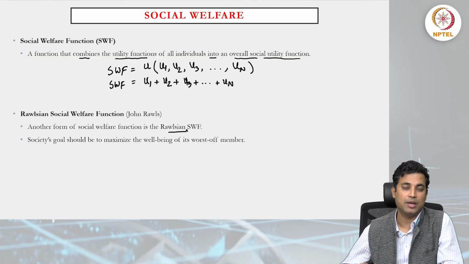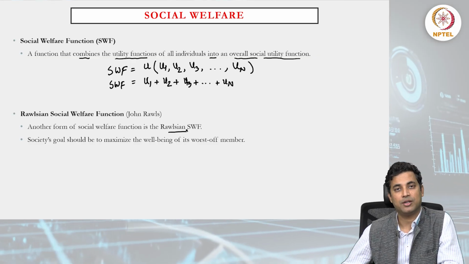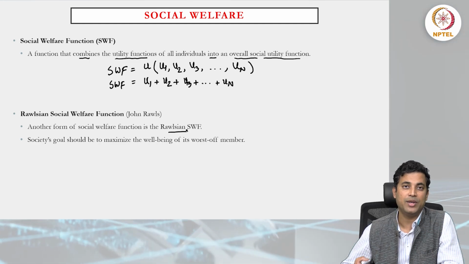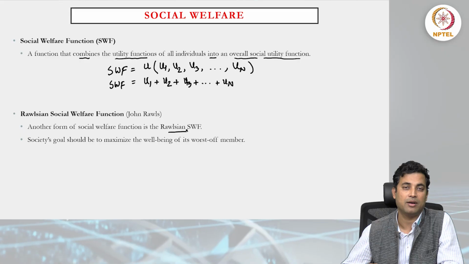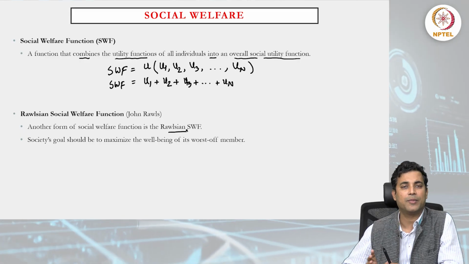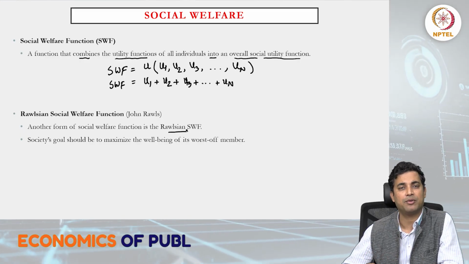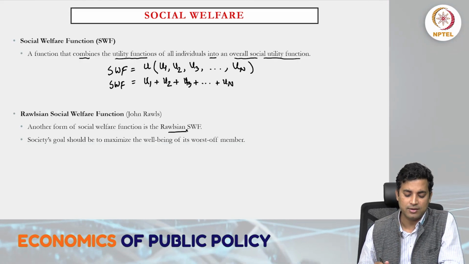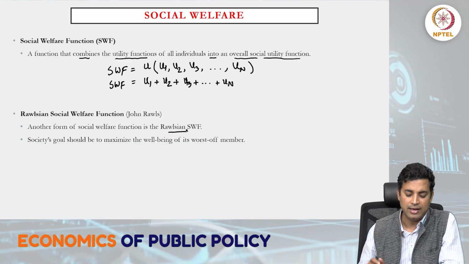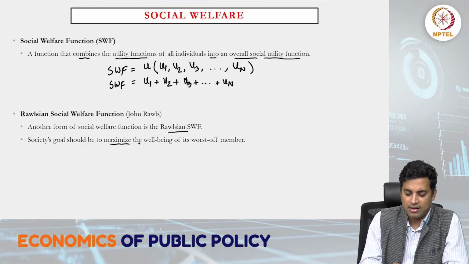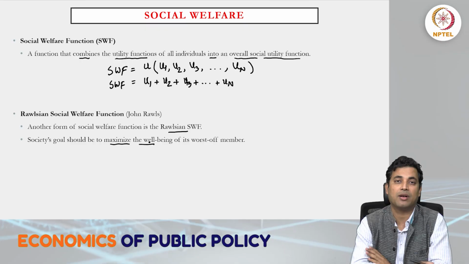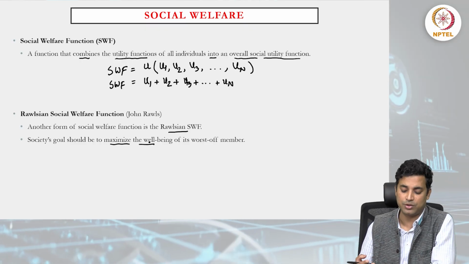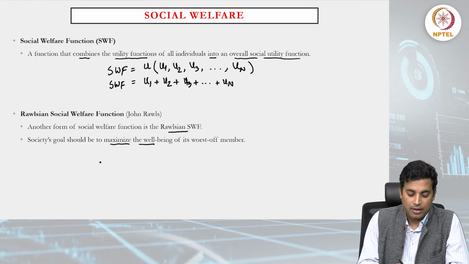In Pareto improvement also, we spoke about getting a better-off outcome without making even someone worse off. That is the Pareto improvement and Pareto efficiency concept. So here is what we get from the Rawlsian social welfare function. Just like utility maximization conditions, you maximize the well-being of its worst-off member.